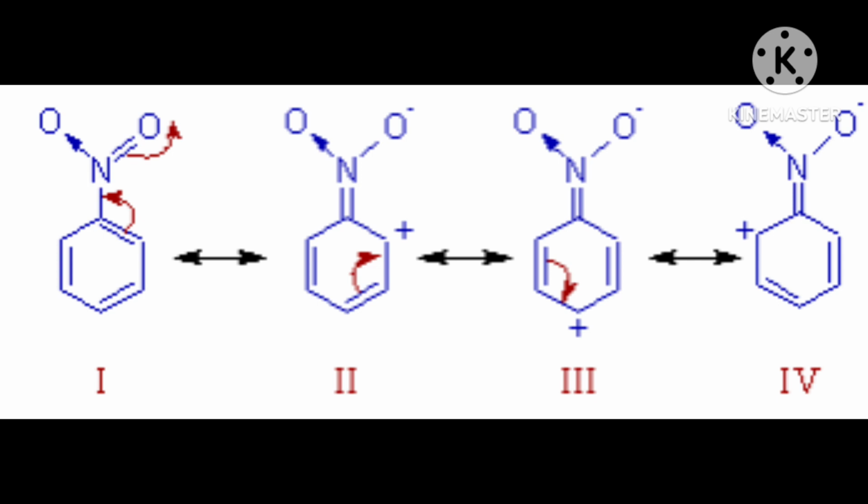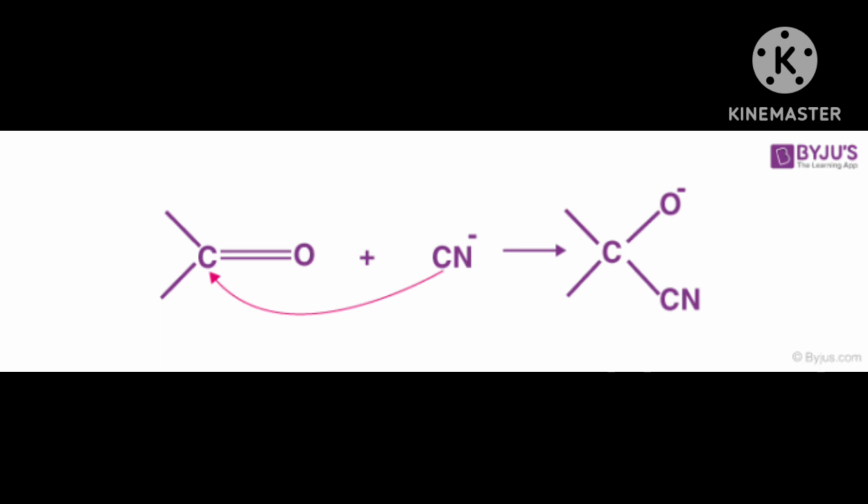Now in the second structure, the electron has gone to the single bond, and it became a double bond. Now N and carbon are double bonded. And because the electron has moved, the adjacent carbon got a positive charge. Correct?